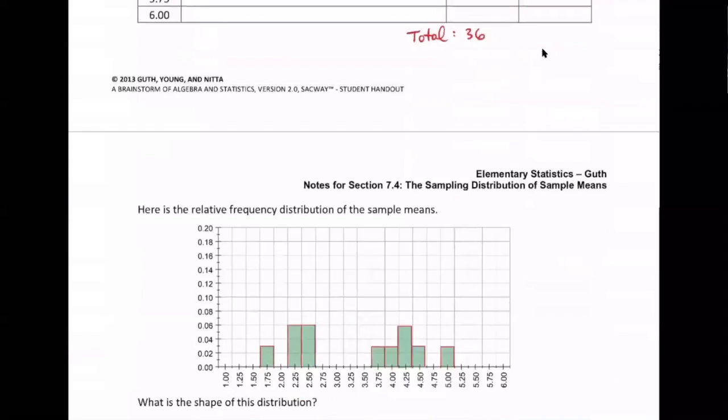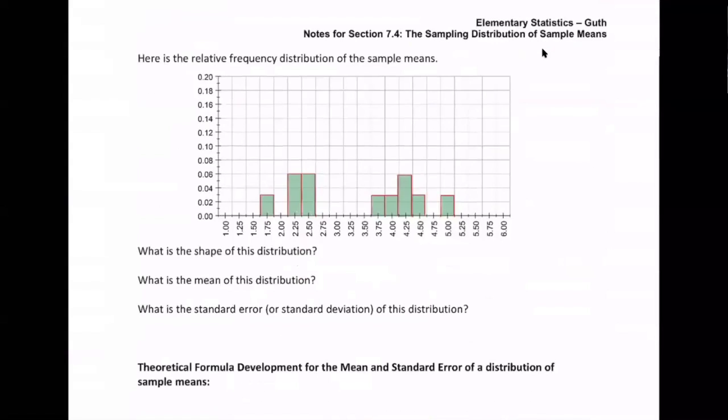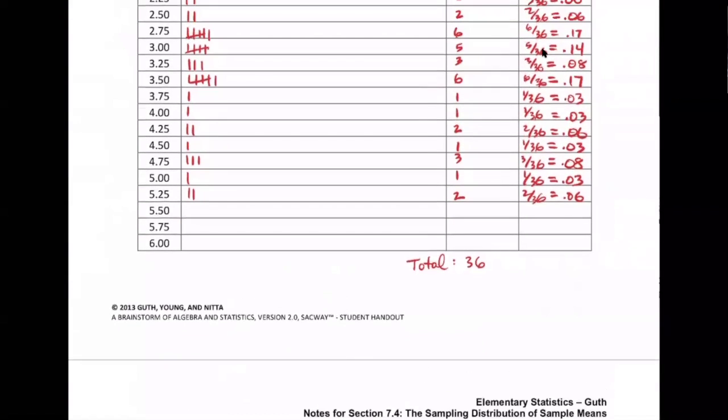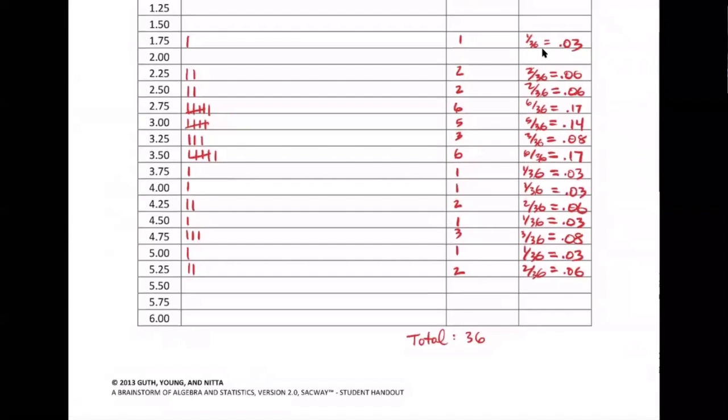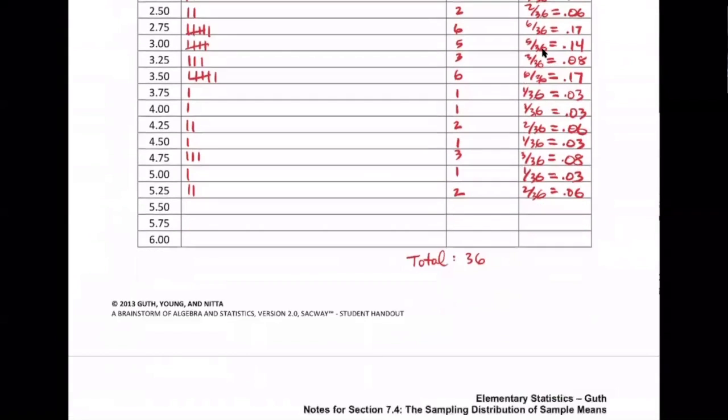Also 5.25. Okay. Four of those. 1, 2, 3, 4, right. Then we have a 5 and 2 6s. So there's a 5 of 0.14 at 3.